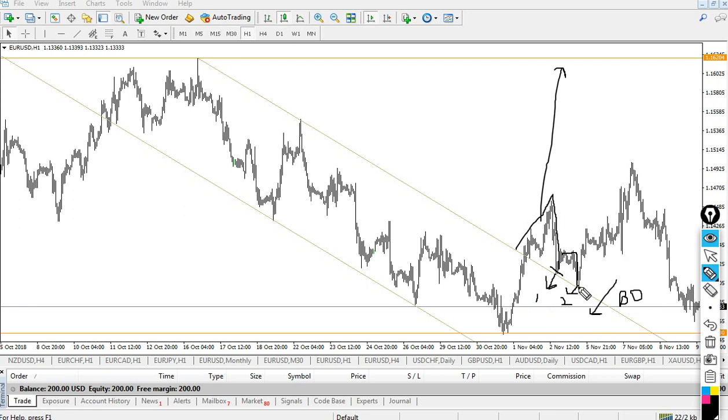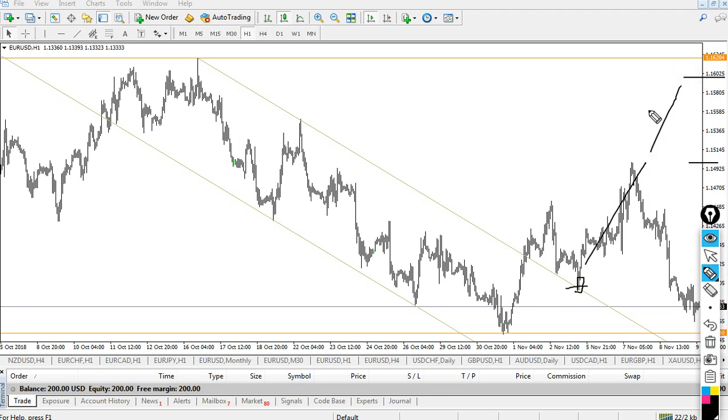But from this part, when I see the second retest, I will take my buy here. After a rejection, I take my buy here. However far it goes to this level, it's not my concern, because it depends upon the market condition in the future, when we see the pullbacks and the candle patterns.